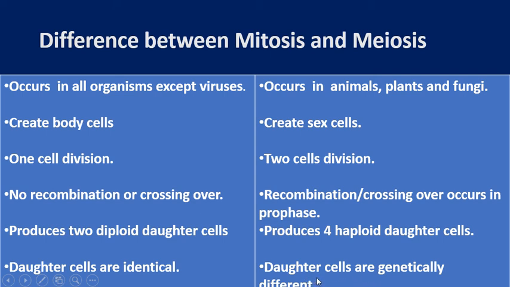As I told you, variation takes place, and after variation some differences come into the offspring. So in meiosis the daughter cells are genetically different, but in mitosis they are identical, or the same as their parents.